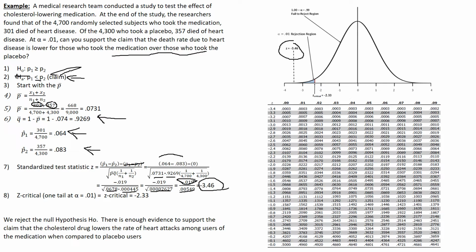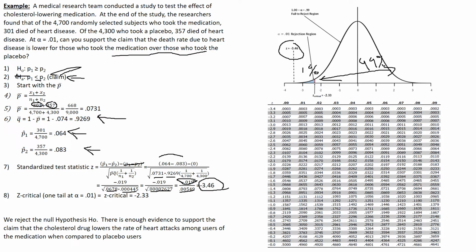Now our z critical, with alpha 0.01. We're going to do the negative side here, which means it's one-tailed, so 0.01 means 99% is right here, and that is 1% right here, or 0.01. Now I look up 0.01 on the negative side, 0.0100.